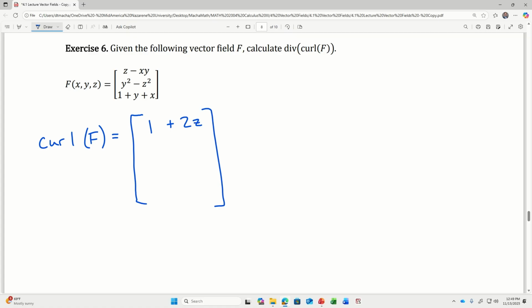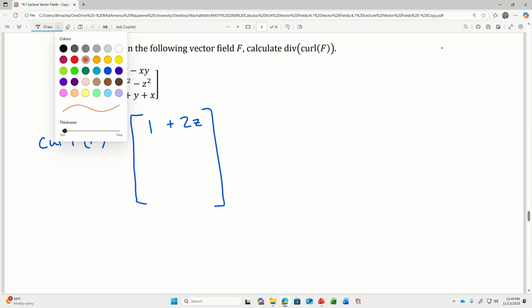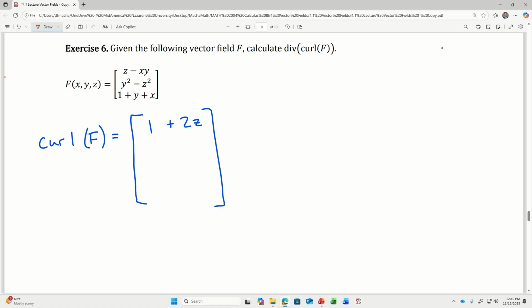The second entry in the curl is going to be the partial with respect to z of z minus xy. Does it help if I write the cross product formula?